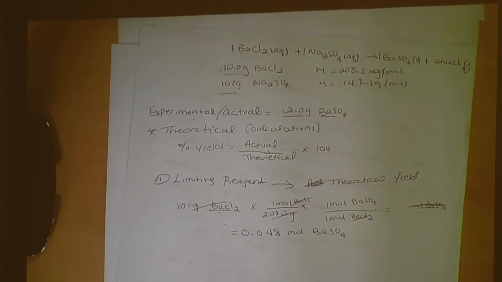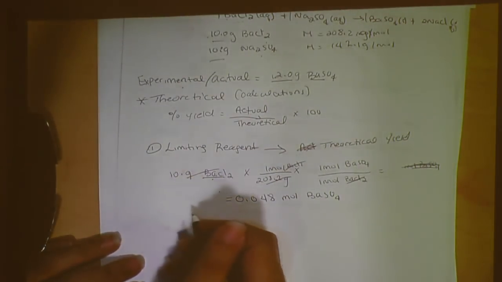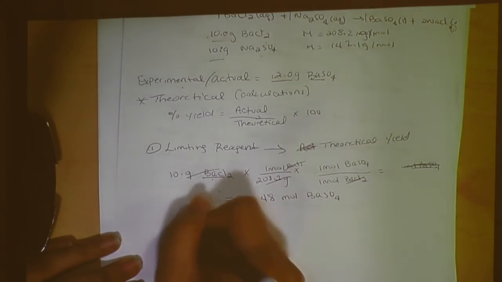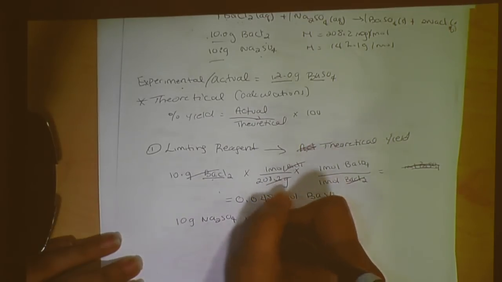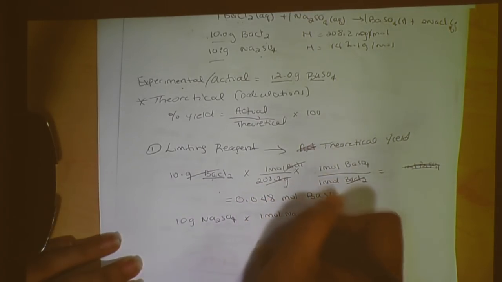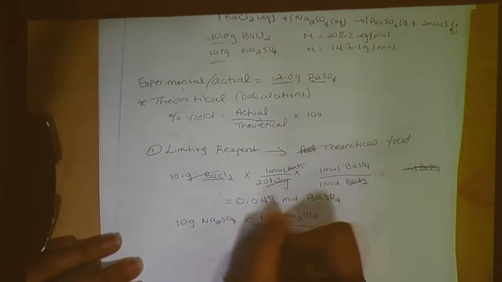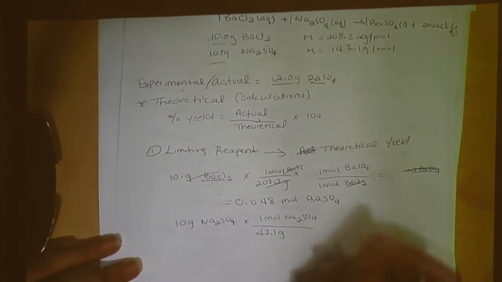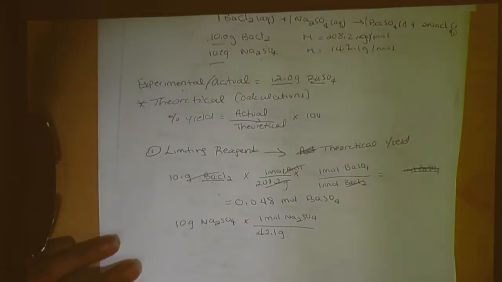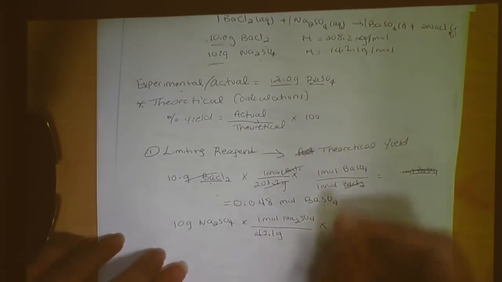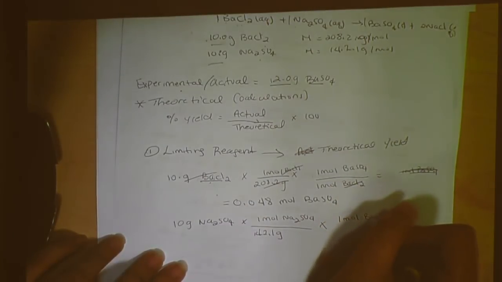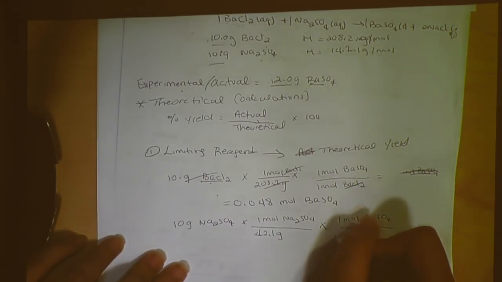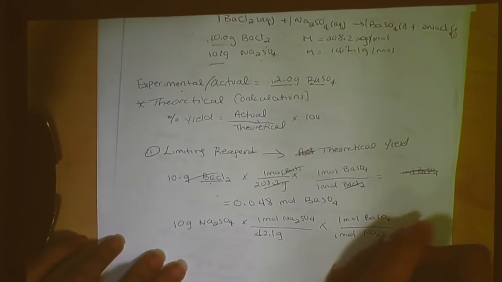So now I have to figure out how much I can yield from reagent number 2. Reagent number 2 is Na2SO4, and I'm given 10 grams of Na2SO4 times 1 mole Na2SO4 over the 142.1 grams, the molar mass they gave me. Again, it's a 1-to-1 ratio, so 1 mole BaSO4 over 1 mole Na2SO4.